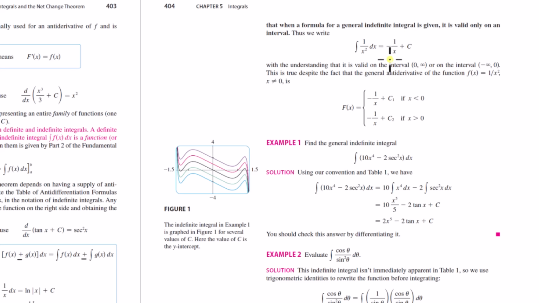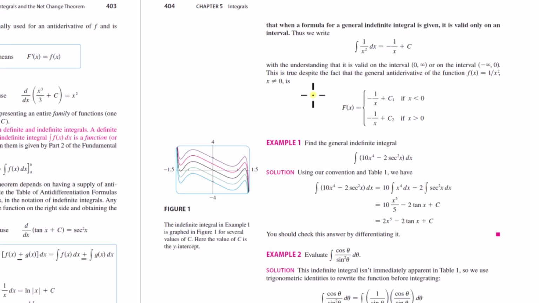You've got an interval to the right of x equals 0 and an interval to the left. And so you've got two separate curves, is what they're saying. You have an integral curve to the right of x equals 0 and also one to the left. And so the convention that the textbook is going to adopt is that when an indefinite integral is specified, you're really thinking about each interval separately.